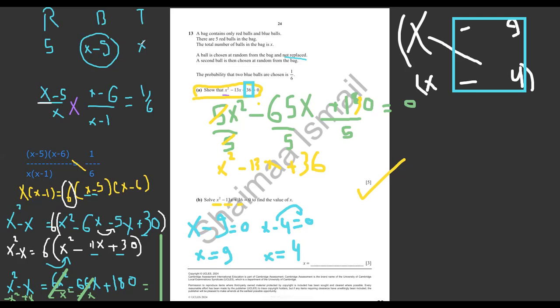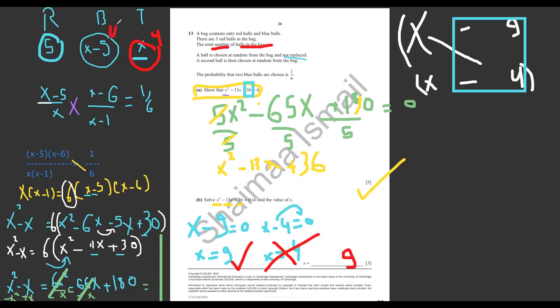Because here the red is 5, and the total cannot be 4 because the total is x. Remember from the beginning, he gave us the total of the balls is x, the total number. So the total cannot be 4 because the blue cannot be negative 1, which is not a counting number that we can put. So here we reject the 4 and accept the 9. So x equal to 9.